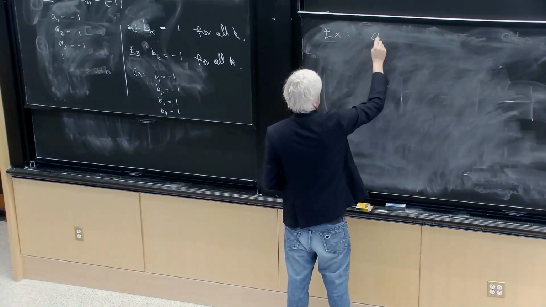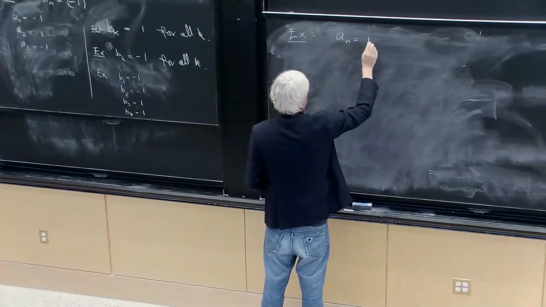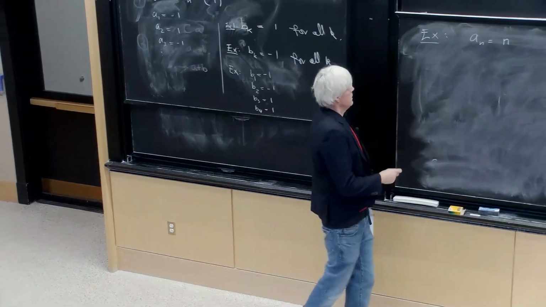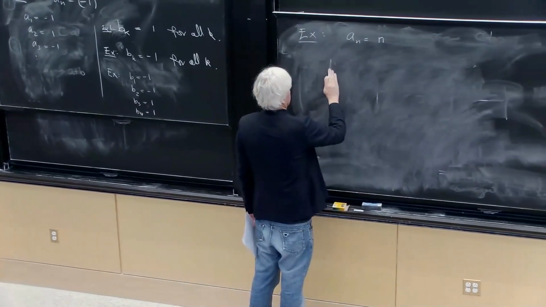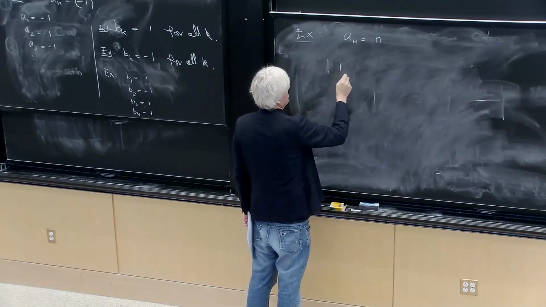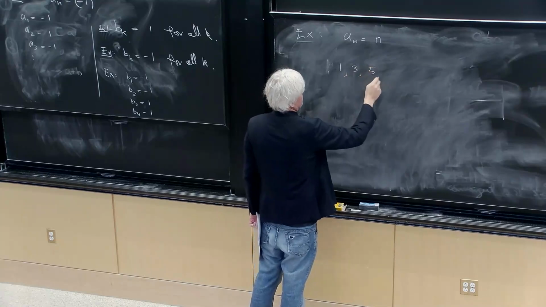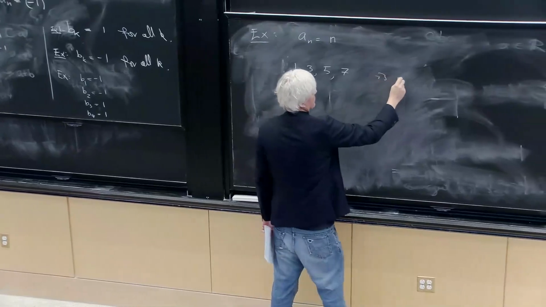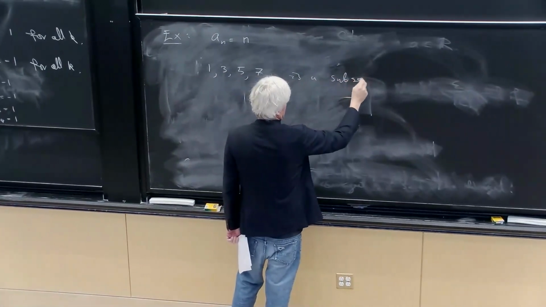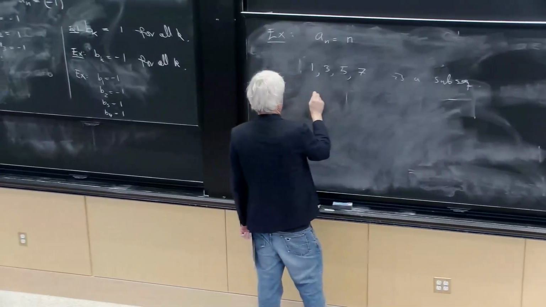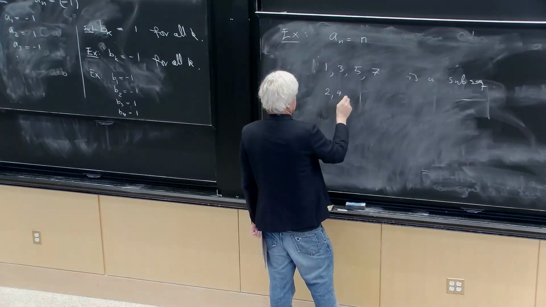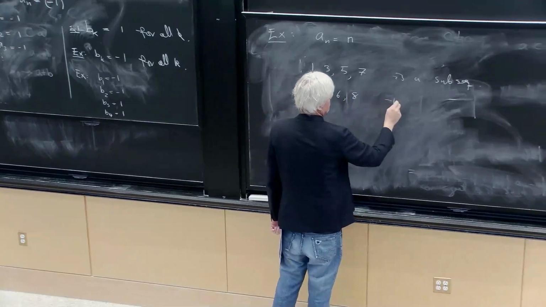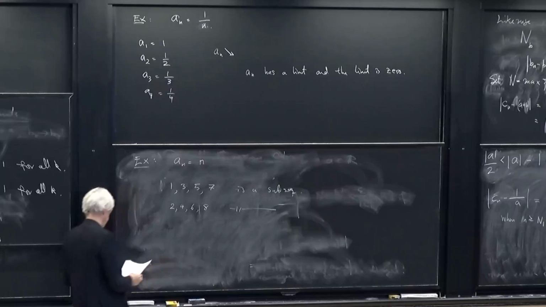If your original sequence was just that an was equal to n, then you could take the sequence where you just take the odd numbers. This here is a subsequence. And likewise, if you take just the even numbers, this is also a subsequence.